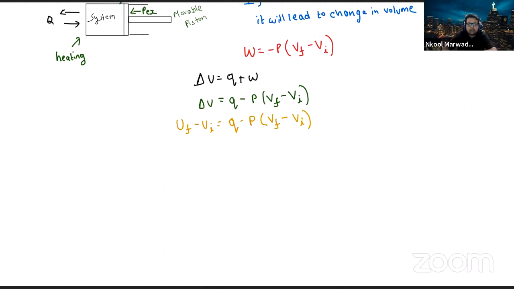Now I can reshuffle it to write something like this: Uf plus P Vf, minus Ui plus P Vi, is equal to Q. And this U plus PV is the enthalpy.